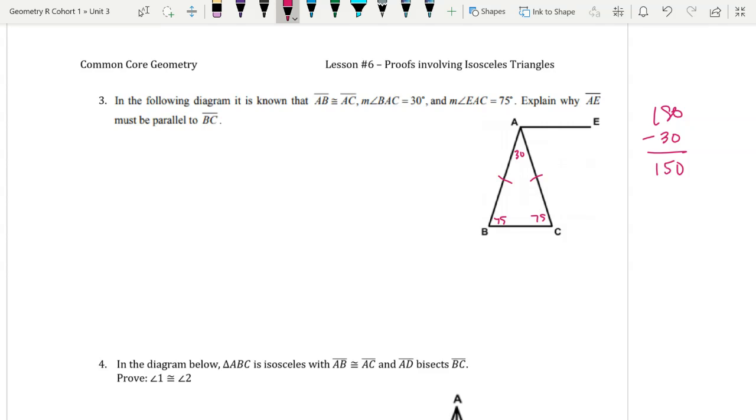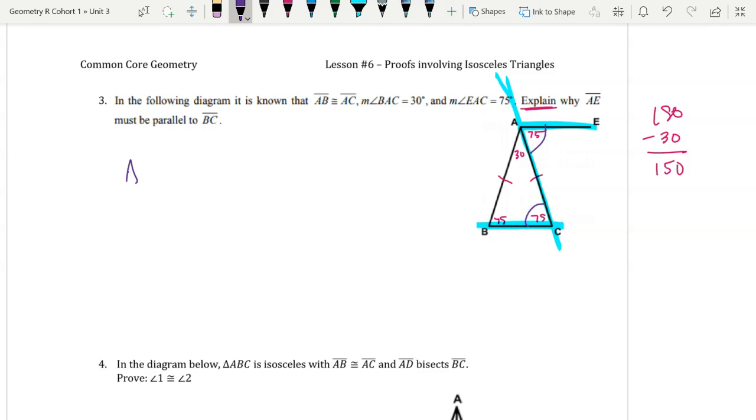It then says that angle EAC is 75, and it wants us to explain, not prove, explain why AE is parallel to BC. Well, if I draw this transversal line in, I'm hoping you see alternate interior angles.